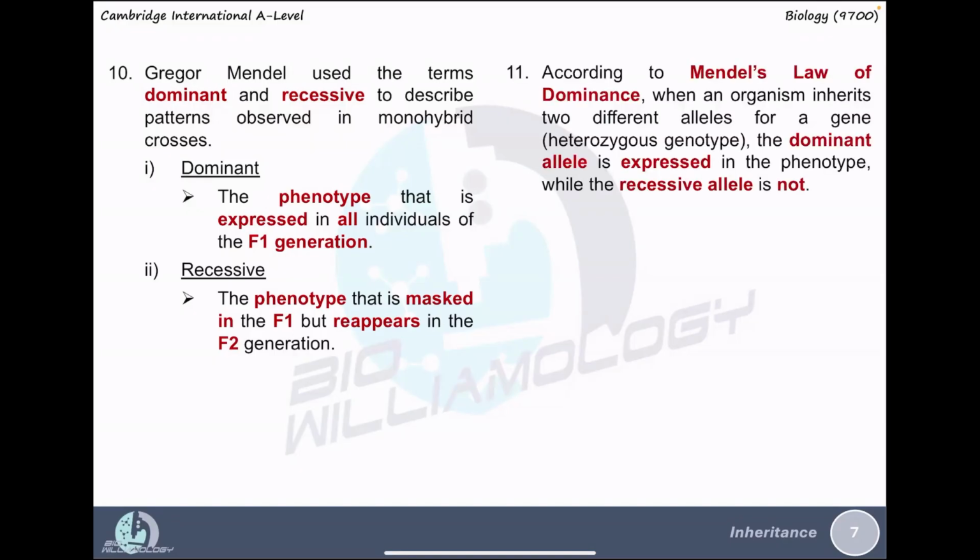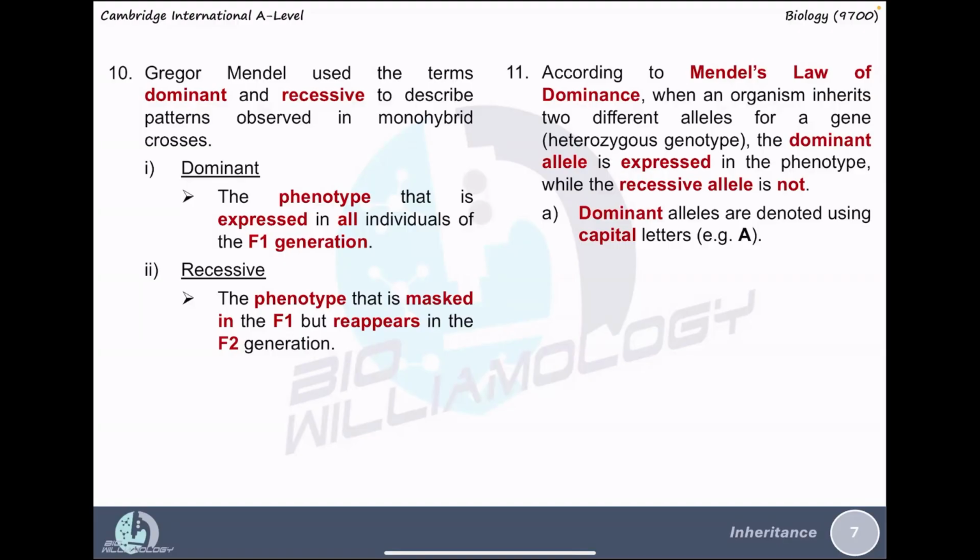According to Mendel's law of dominance, when an organism inherits two different alleles for a gene, in the heterozygous genotype, the dominant allele is expressed in the phenotype. However, the effect of the recessive allele is masked by the dominant allele.